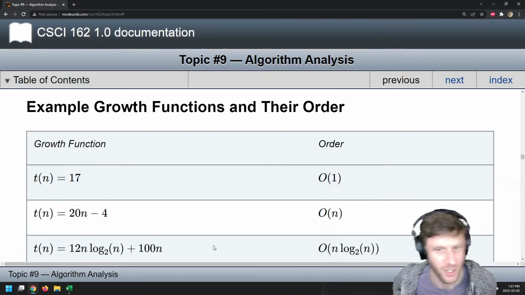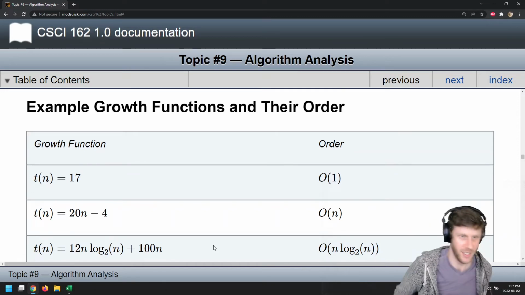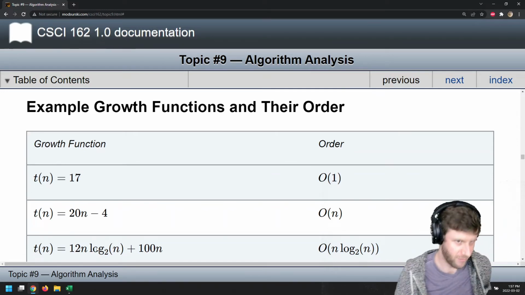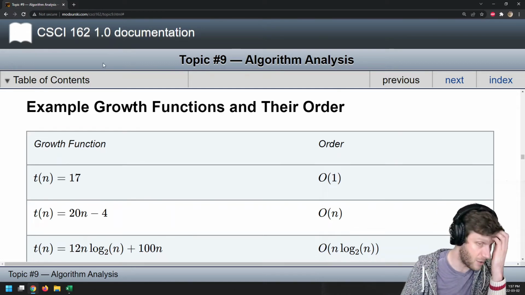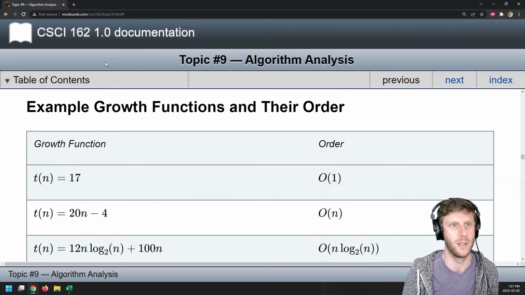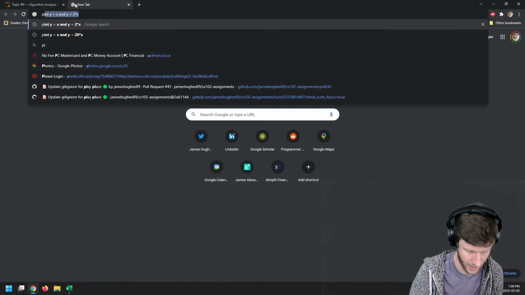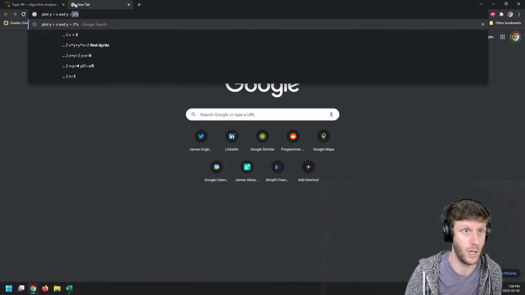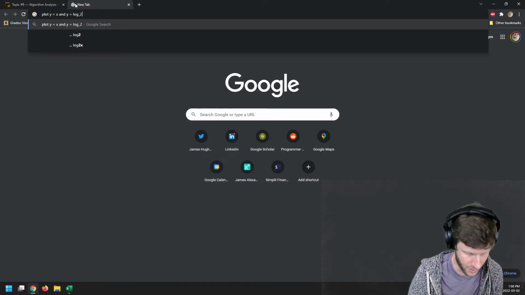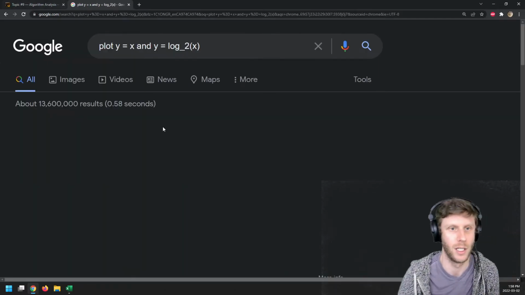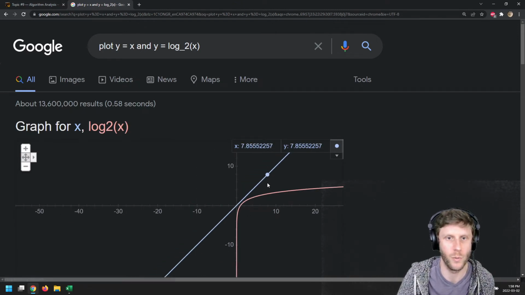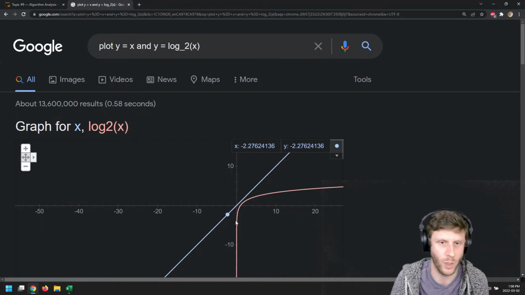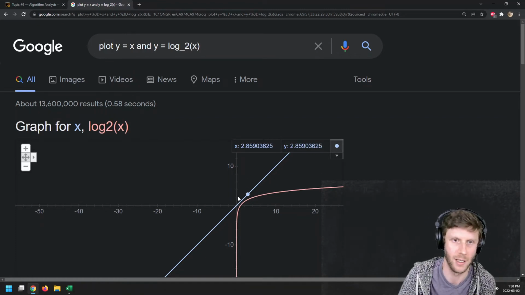Okay, so here, log n is less than n. If I plot log base 2 of n, let's do that. Plot y equals x and y equals log base 2 of x. Perfect. So we can see that this one, y equals x, grows linearly, which is fantastic.